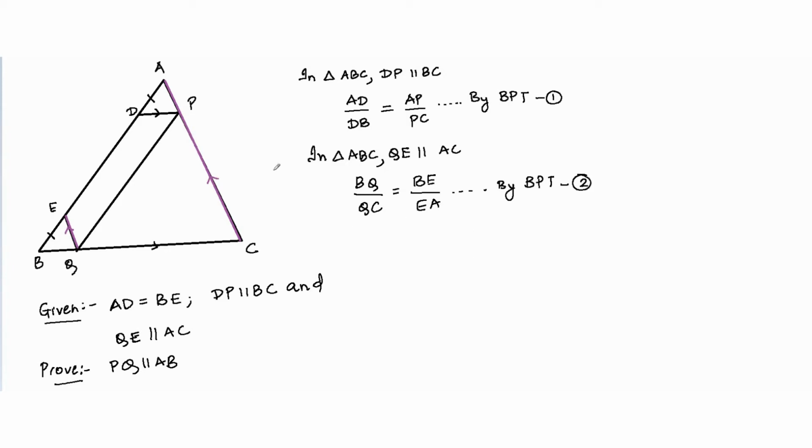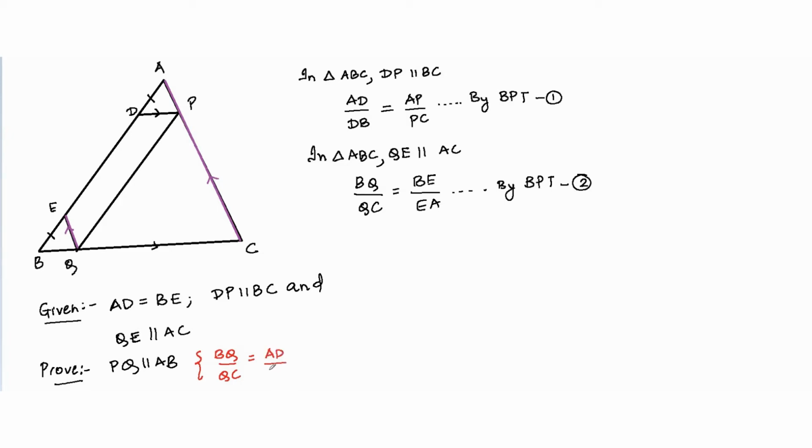Now what I'm going to do is, see, if I want to prove that PQ is parallel to AB, let me just write what I have to prove. If I have to show that PQ is parallel to AB, I have to somehow show that BQ upon QC is equal to AP upon PC.